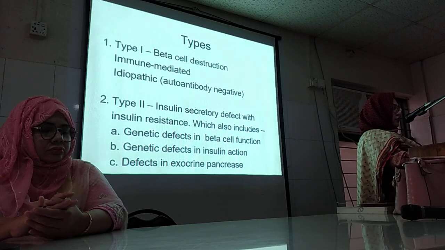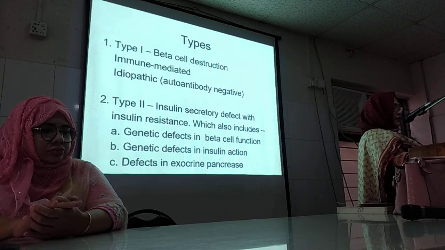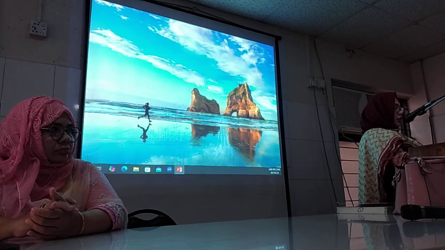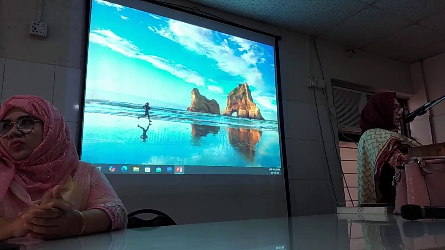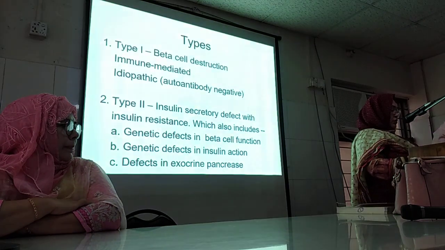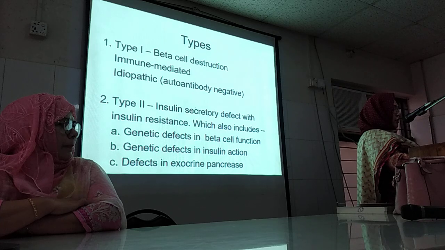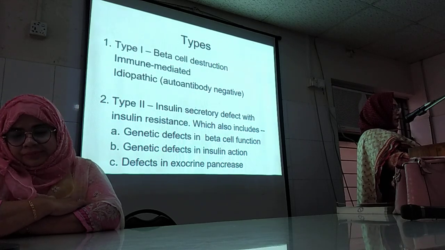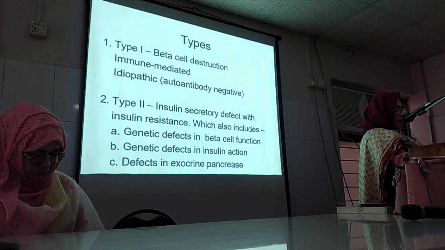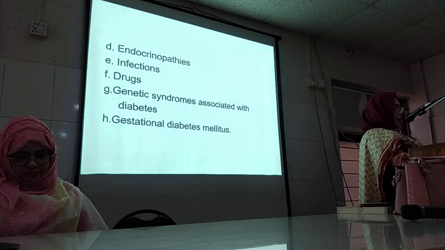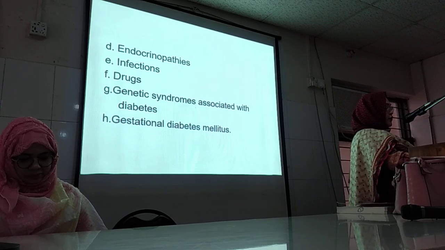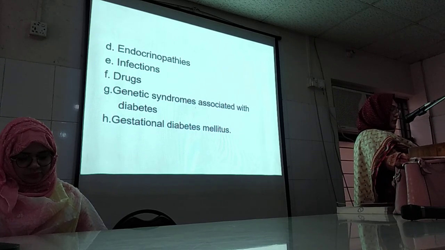Other specific types include genetic defect in beta cell function, genetic defect in insulin action, defect in exocrine pancreas, endocrinopathies, infections, drugs, genetic syndromes associated with diabetes, and gestational diabetes mellitus.